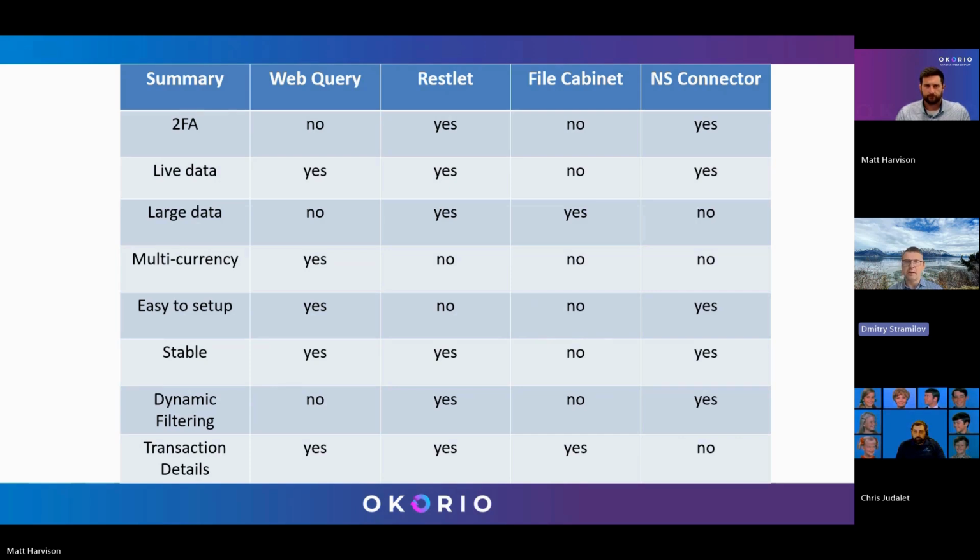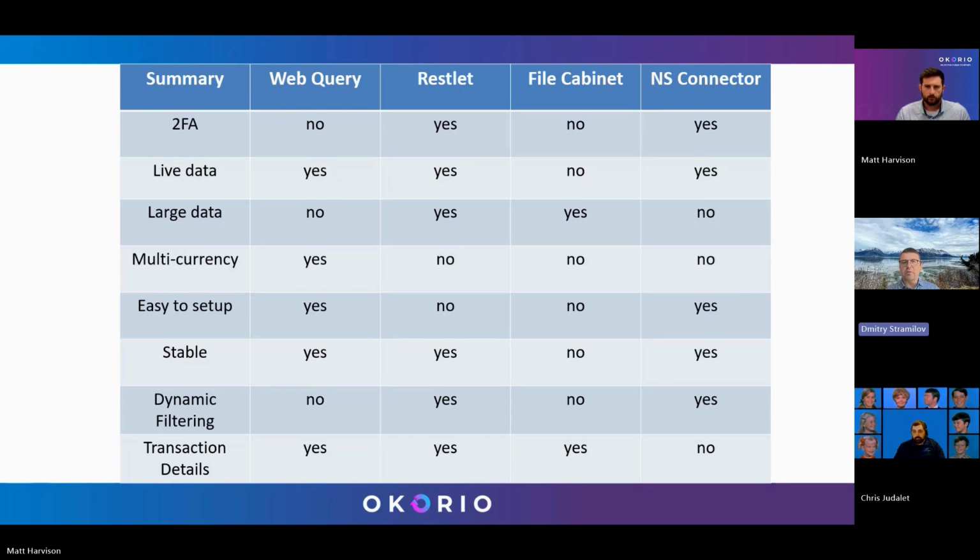That's why this would probably be our least preferred choice. The output of the RESTlet would be XML, and web query gives an HTML type format. So that is definitely our top choice.